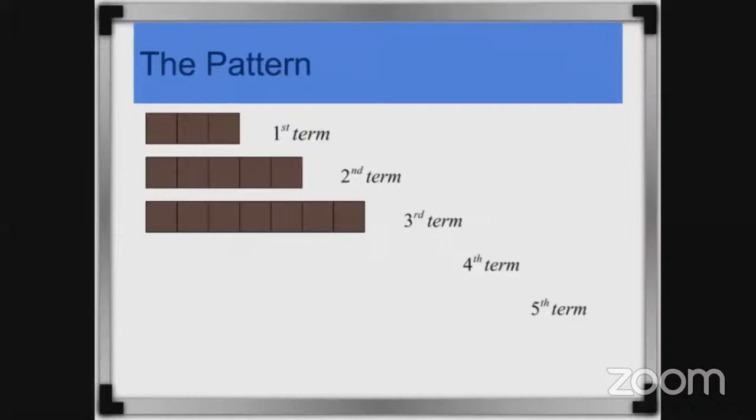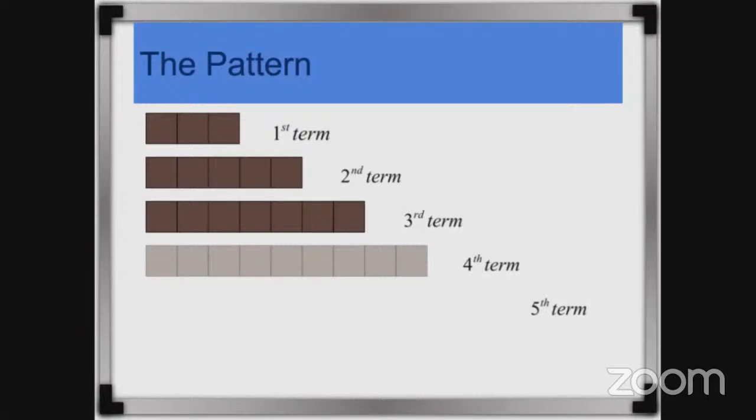What is happening for each successive term? All right, go ahead. Yeah, I add 2, then I add 3, then I add 4. Okay, tell me about that 3 and the 4.